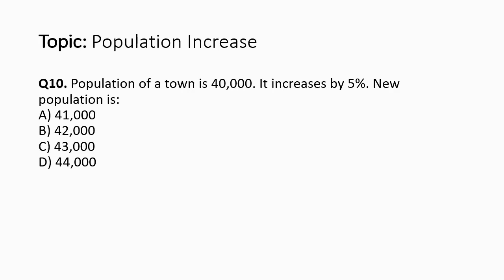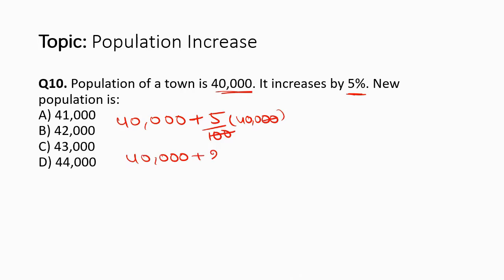So population of the town is 40,000 plus it increased by 5 by 100 of 40,000. 40,000 plus 2,000 is equal to 42,000. The new population is 42,000.